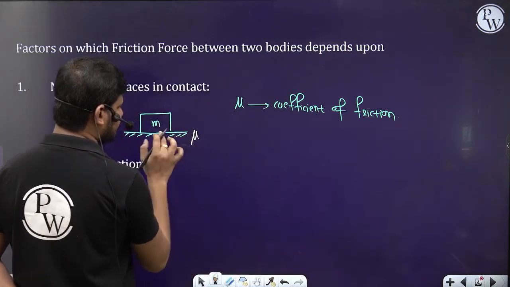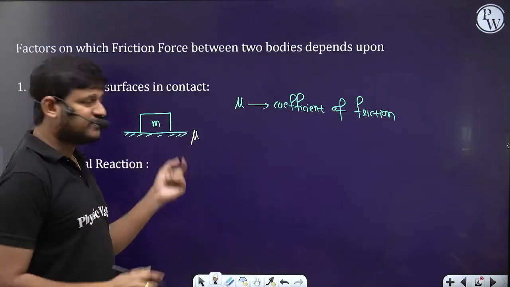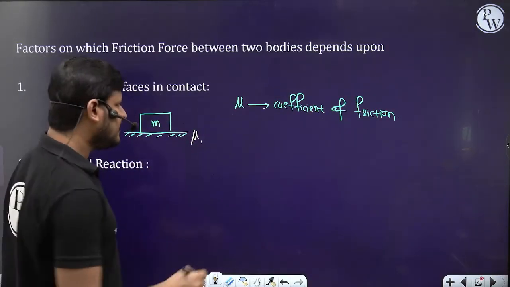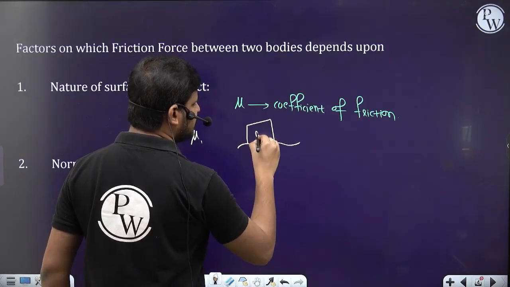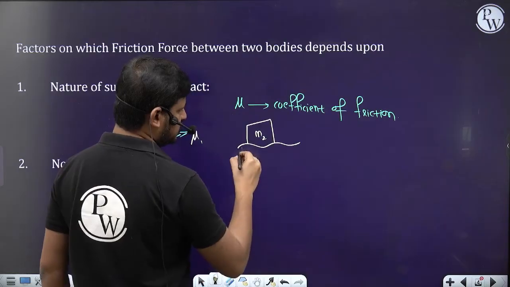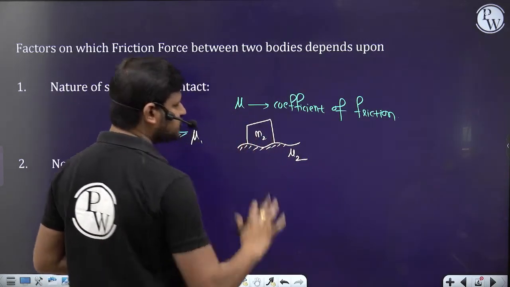For this surface and the block, let the coefficient of friction be mu1. If I take some other rough surface and a block of mass m2 is placed here, consider that the coefficient of friction between these two surfaces is mu2.